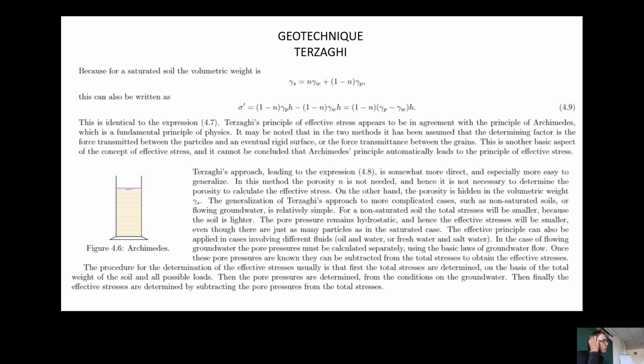The effective stress will be smaller even if there are many particles, as in the saturated case. But at the end, what I would like to say is that we can use the effective stress, following from the total stress and the pore pressure of the water, for all possible loads. And when we have these two stresses, we can determine the pore pressure and then the condition of the groundwater.